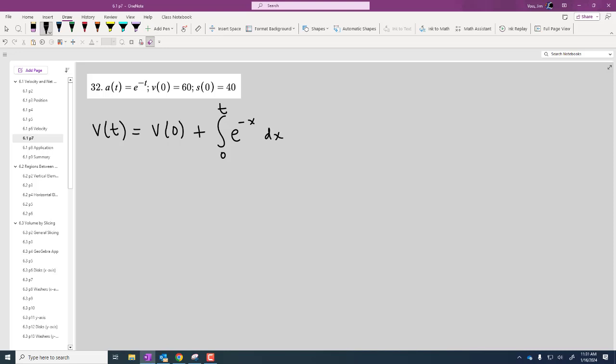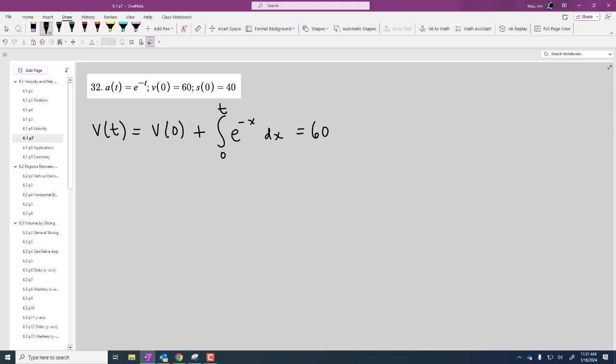So that should be your first line there. The future velocity is the initial velocity plus the net change in velocity, which is the integral of acceleration. And v of 0, the initial velocity, is given to be 60.